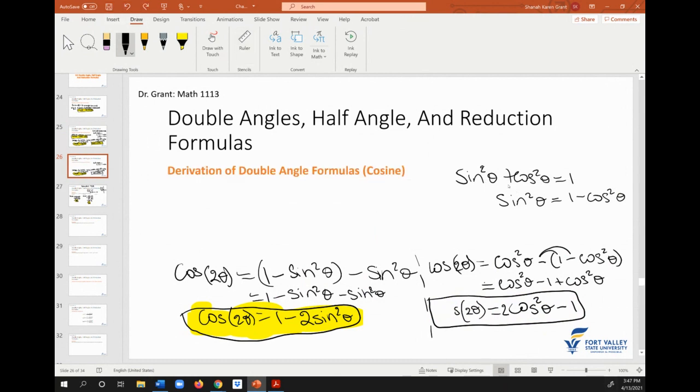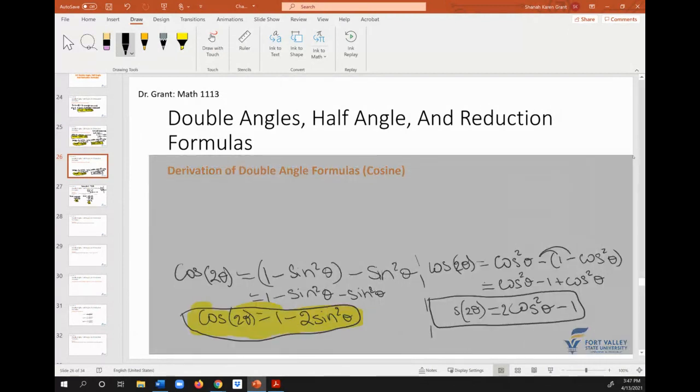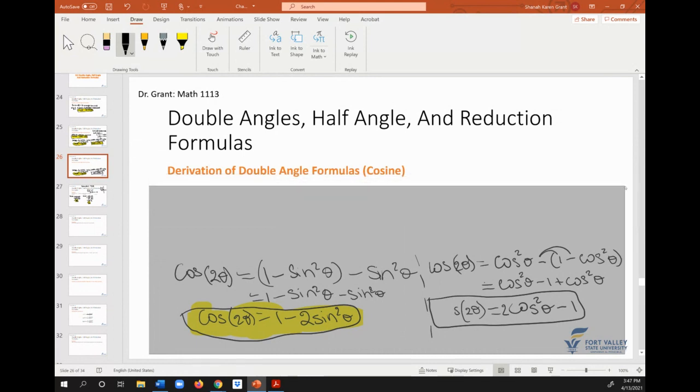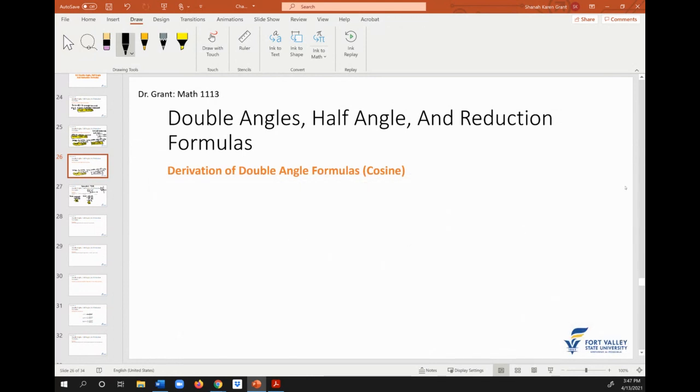So we won't derive the actual formula, but I'll give it to you all as reference. Okay. All right, so the double angle formula for tan.